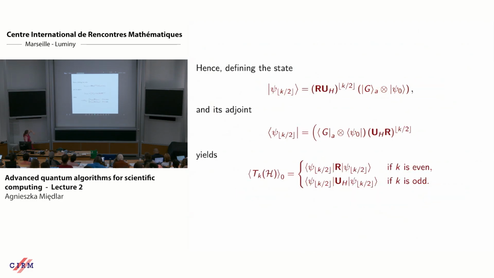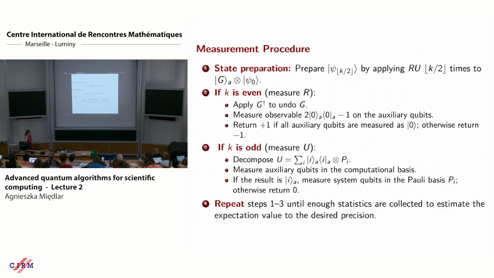And then you define the particular quantities, and this is what you have to do to get your expectation value, depending on the case, even or not. You have the reflection with respect to your basis, and then the block encoding of your Hamiltonian.